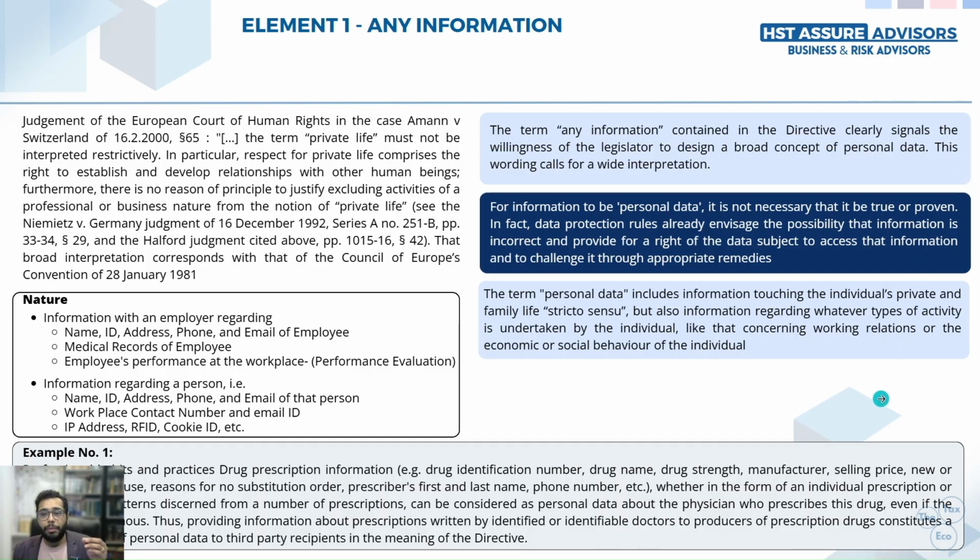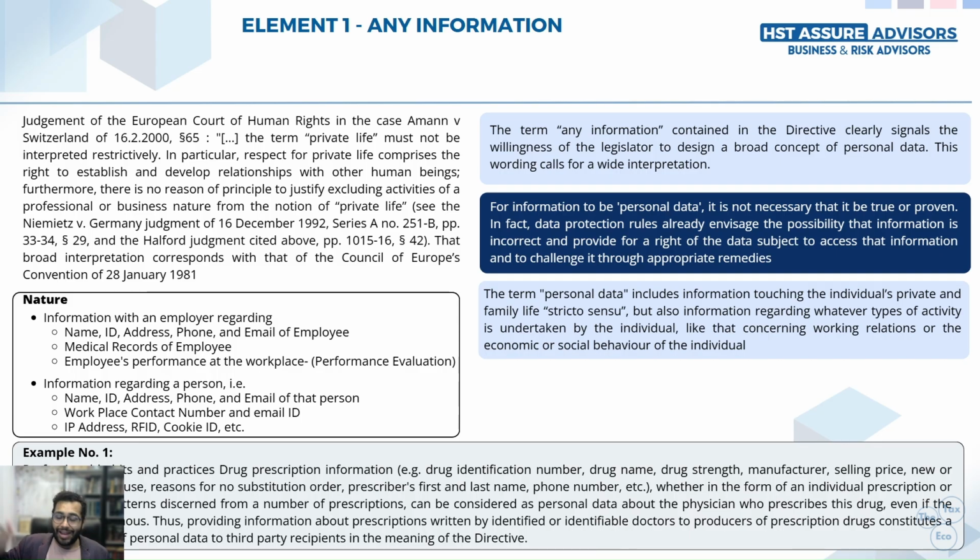Number two, the any information which is personal data does not necessarily have to be proven true. For example, you have my name, you have my ID, you have my address, but the address is incorrect. The question is whether the incorrect address is not personal data. The answer is no. Incorrect address is also personal data because the term any information includes both correct and incorrect information.